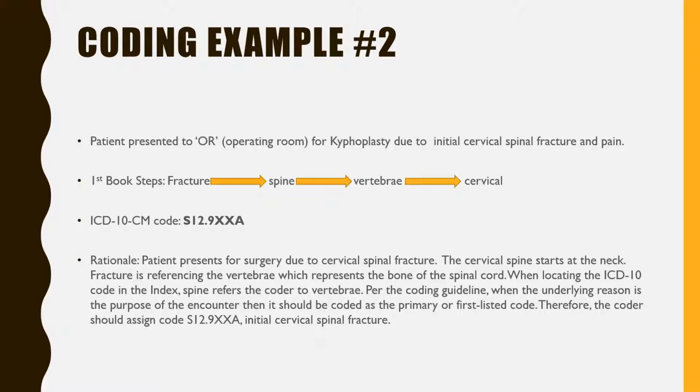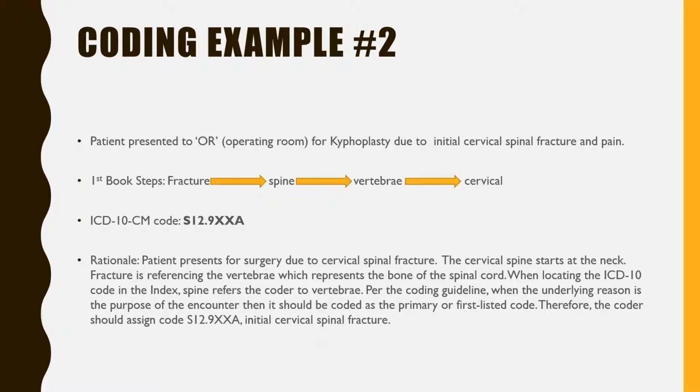Spine refers us to vertebrae, because vertebrae represents the bone surrounding the spinal cord. Then we need to specify which vertebrae, and since the provider states the patient presented with a cervical spinal fracture, we identify our vertebrae as cervical. So once we follow our book steps from fracture to spine to vertebrae to cervical, our ICD-10-CM code should be S12.9.